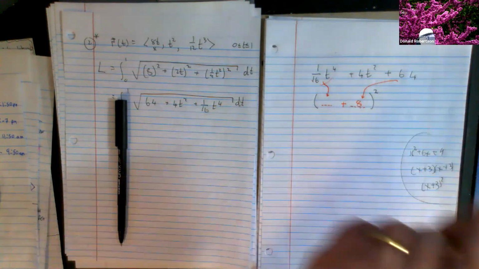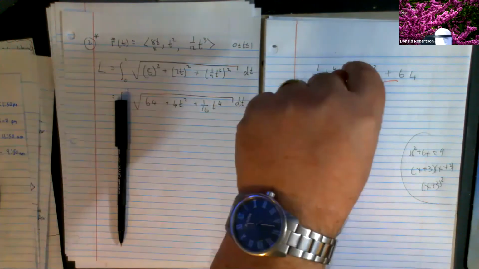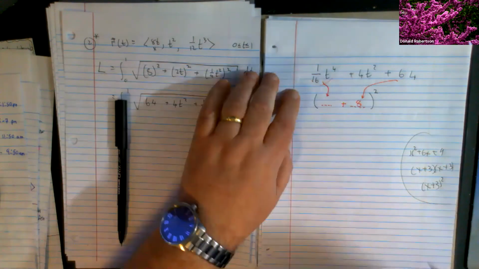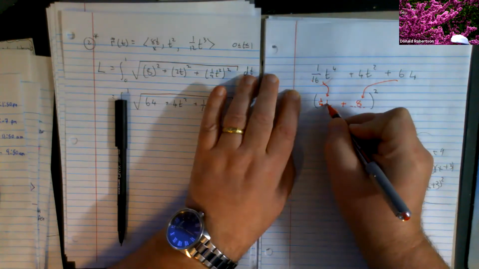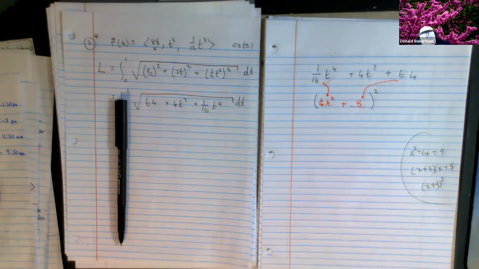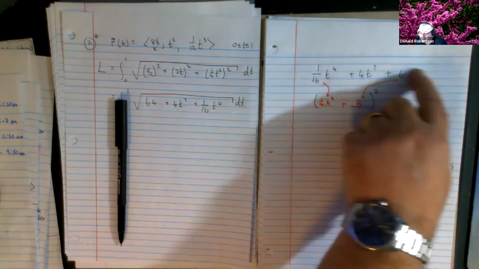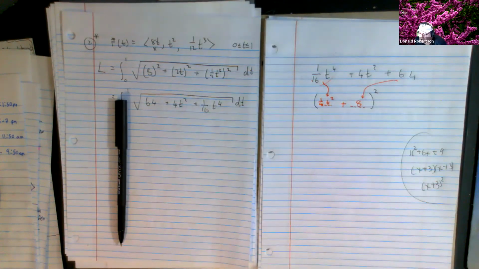Take the square root of 64. That's how you got 8. Take the square root of this guy. 1/4 t squared. That is the perfect square for this trinomial. And if you don't believe me, FOIL it out and check. It works. Is that a cool little trick?